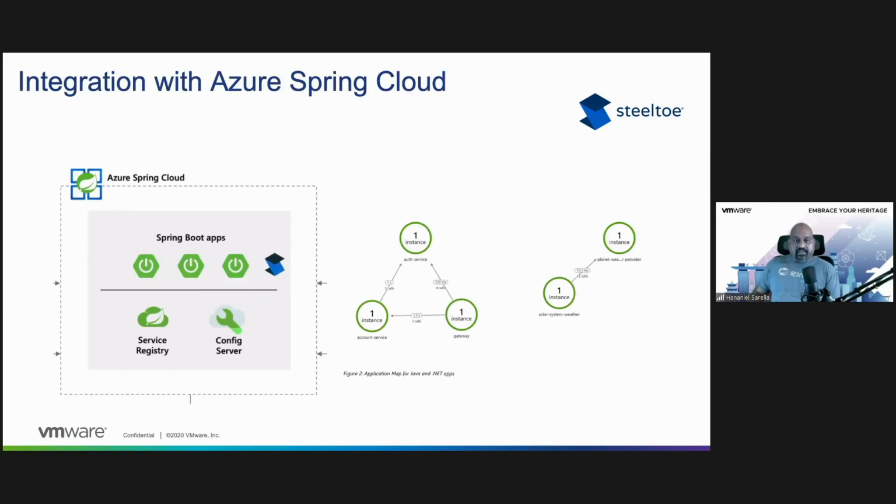So now you have Steeltoe apps and Java apps working happily in this environment. That's a huge win for enterprises that use both technologies, or even just people using Steeltoe and .NET apps by itself to be able to do things this way.